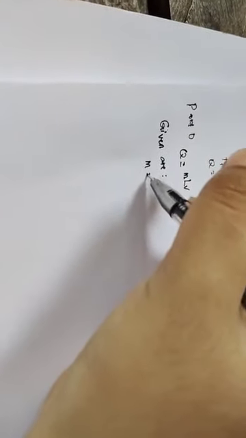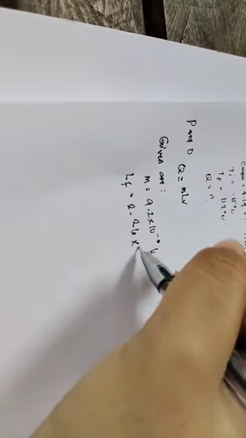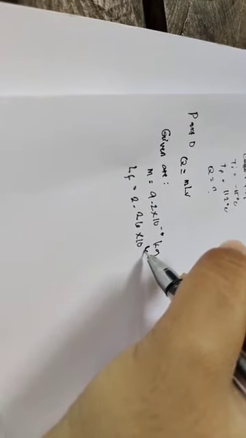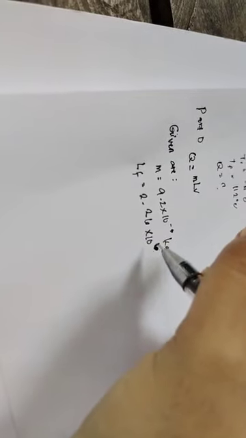Given are the mass of the ice is 9.2 times 10 raised to the power of negative 3 kilogram, and the latent heat of evaporation of water that can be found in the table is 2.26 times 10 raised to the power of 6 joules per kilogram.